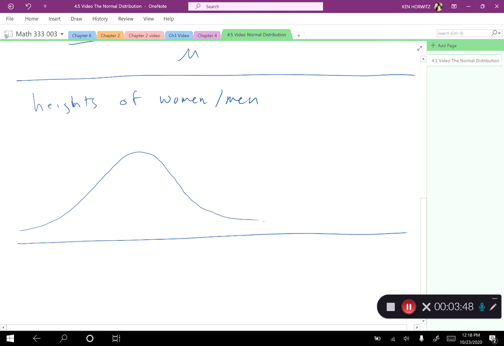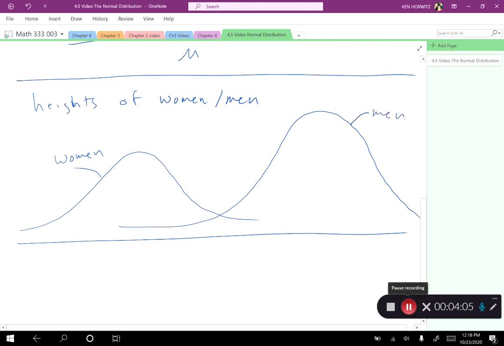Those are the heights of women. And let's say there are your heights of men. Right? Because men are just inherently a little bit taller.